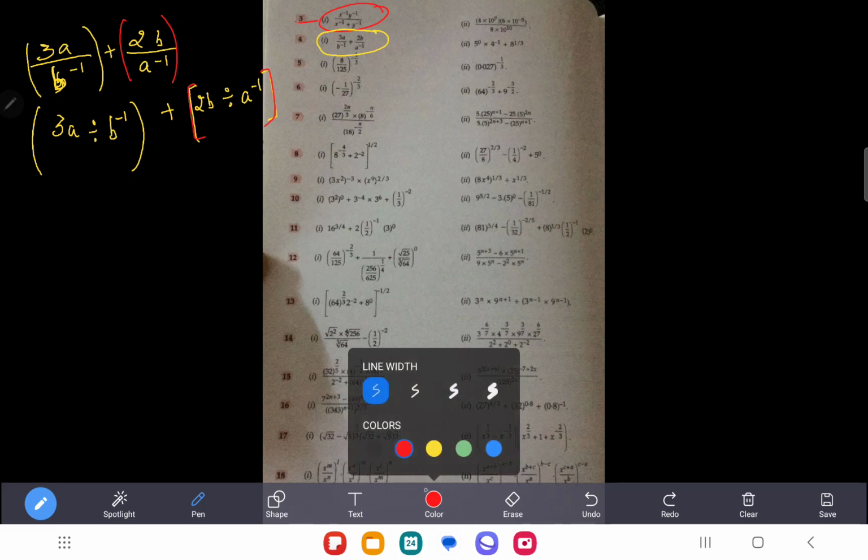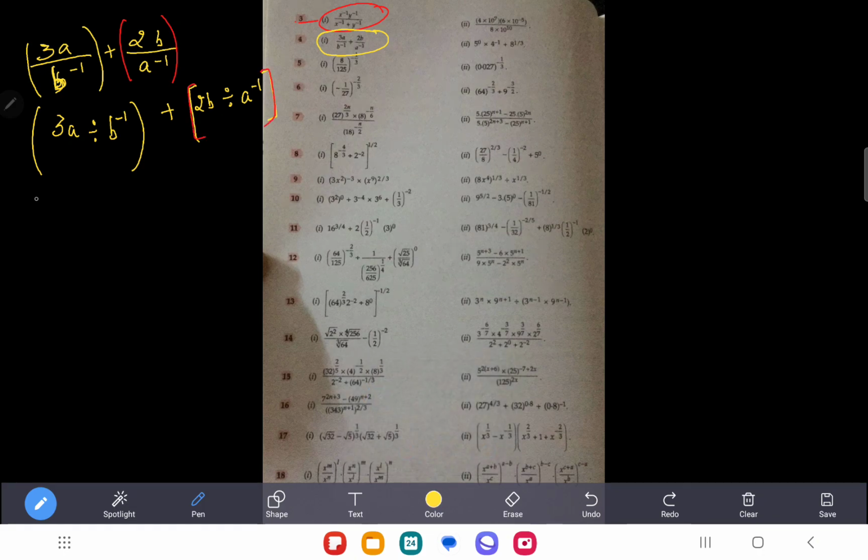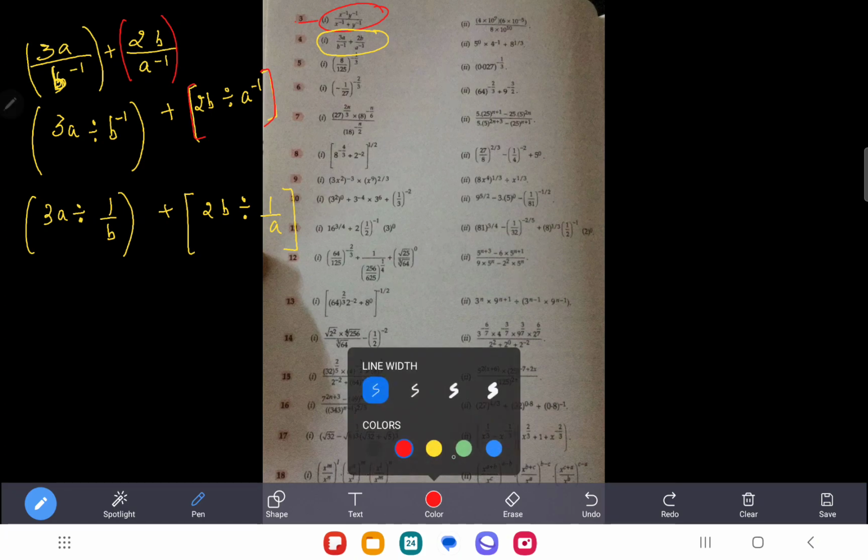But it's always good to write it down this way. So it would be 3a divided by 1 over b, and plus 2b divided by 1 over a.